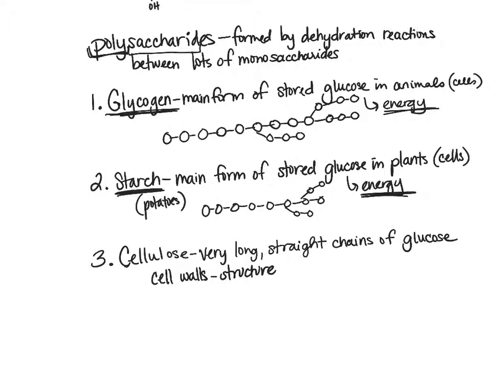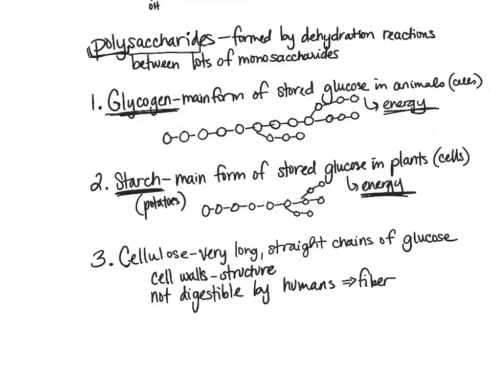So in plants, they have a cell wall outside of their plasma membrane that makes them sturdy and strong. And so this is a structure molecule. And cellulose is not digestible by humans. Typically what we do is we call this fiber.